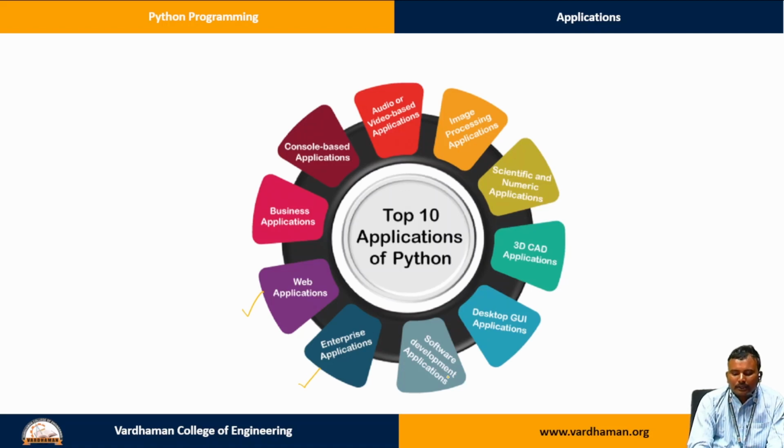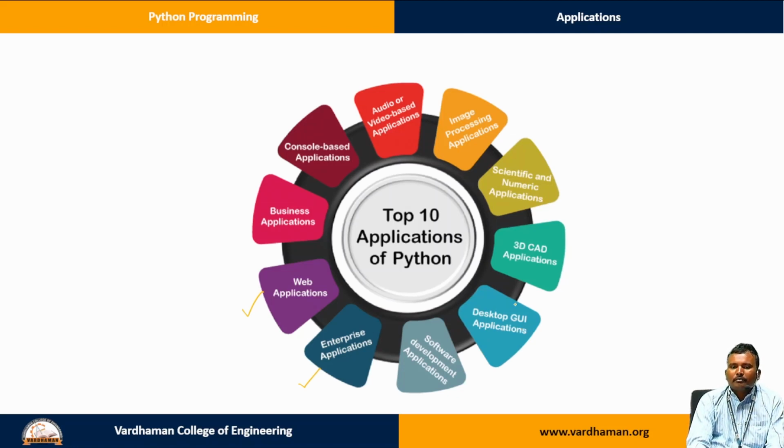Then software development applications, we can develop software, we can design tools, we can design applications using Python programming language, like a calculator or any media player. Such software we can create using Python. And desktop GUI applications, we can design desktop GUI applications.